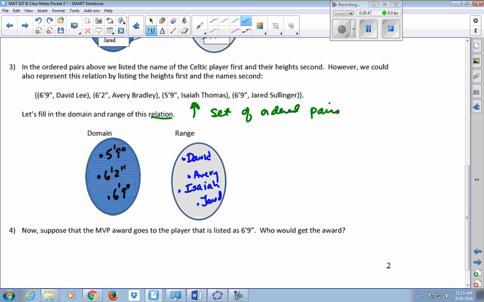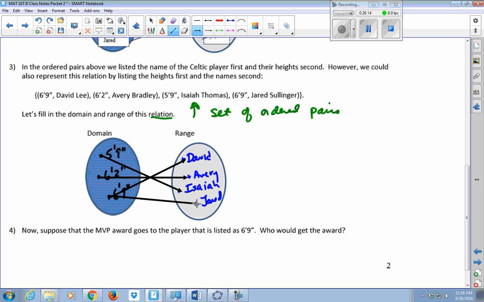Anyway, but all right, so if we show the correspondence, 5'9" would go to which name? Isaiah, so that would go here. 6'2" would go to Avery. And 6'9" goes to David and Jared.